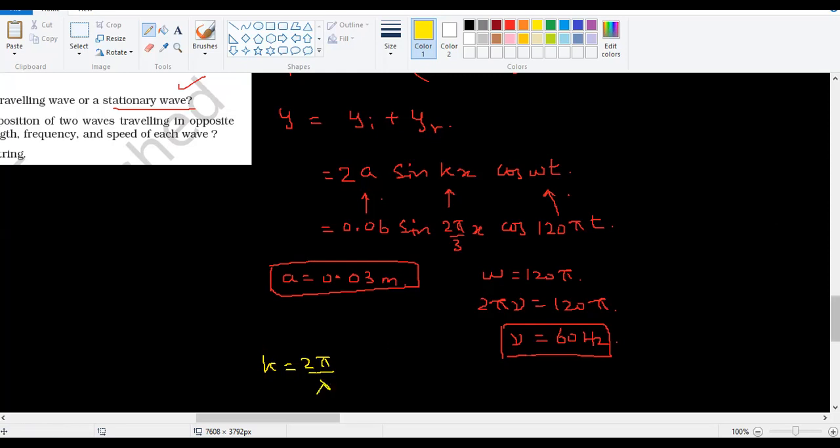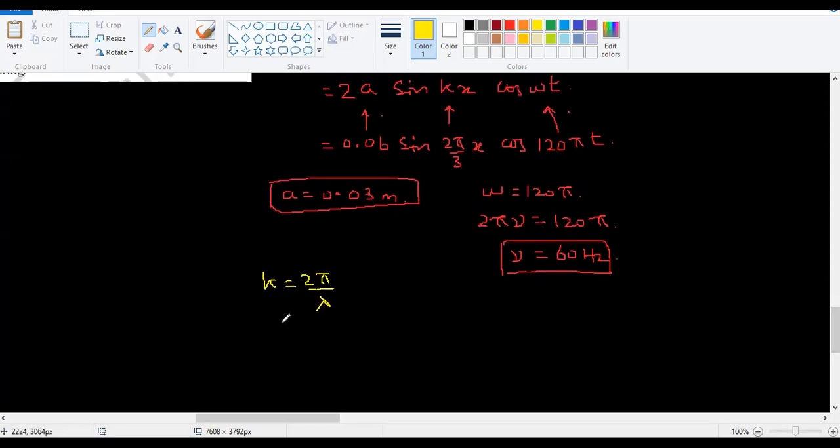So k is equal to 2 pi by 3, which means lambda is equal to 3 meters. Okay, so this is okay. Then I'm supposed to find the velocity.